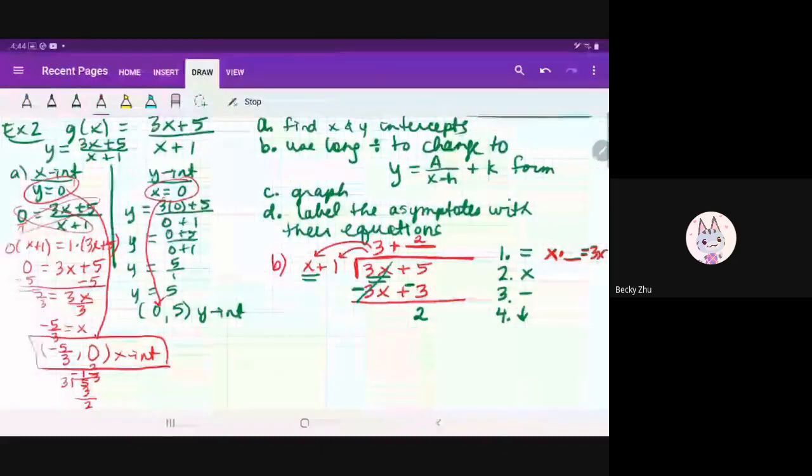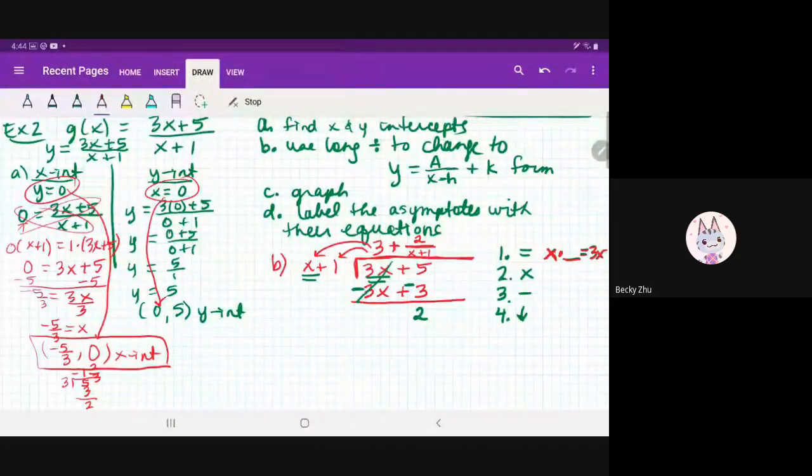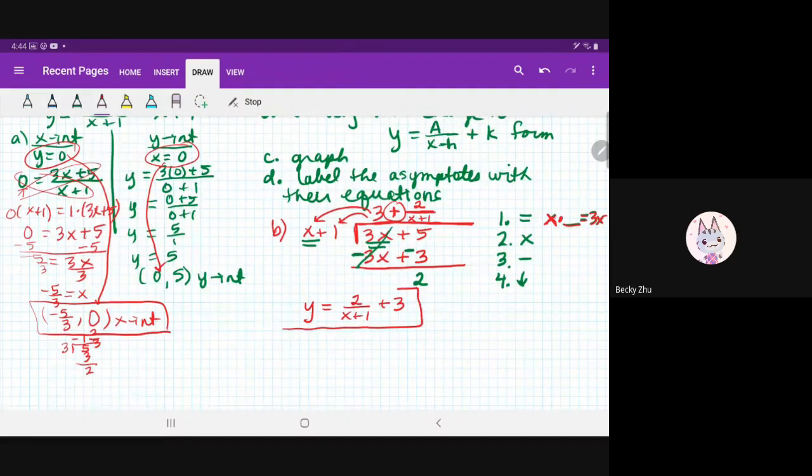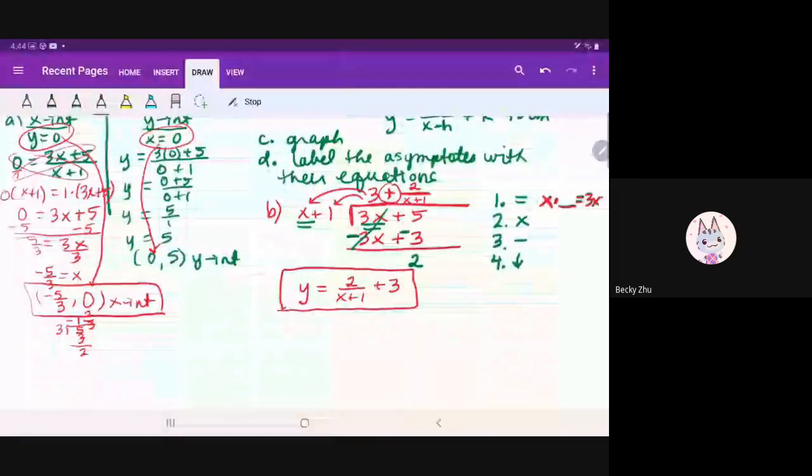Yep, x plus 1, perfect. So when you write it, usually we write it as the 2 over x plus 1. And if this middle sign was a negative, it would be negative 2 over x plus 1, but that's fine. And then plus 3. So this is our answer, changing the form. And then we're ready to graph it.